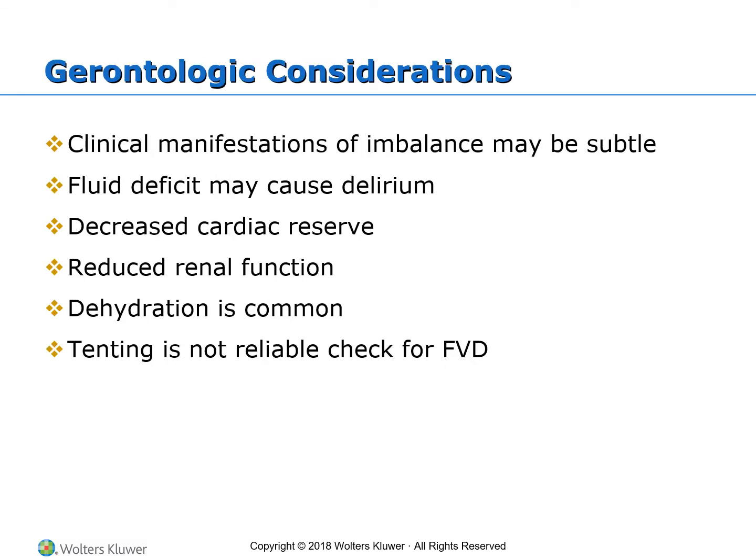You do have to take into account patient population. The geriatric population has a higher incidence of dehydration. Don't confuse dehydration with hypovolemia. There is a difference in the two.